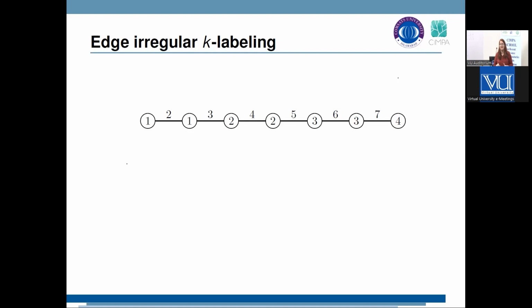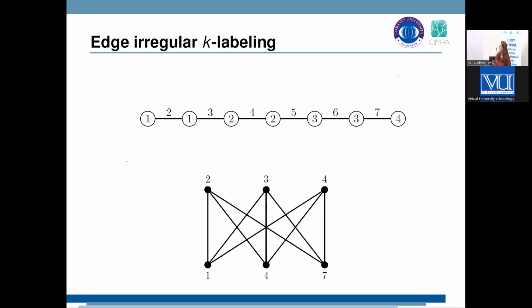But what if we have a little bit more complicated structure, say, for example, a complete bipartite graph. Something that looks very nice. It's a regular graph with a structure. Here it is much more complicated because we have a lot of edges, and we have to somehow guarantee that the weights of edges will be distinct.